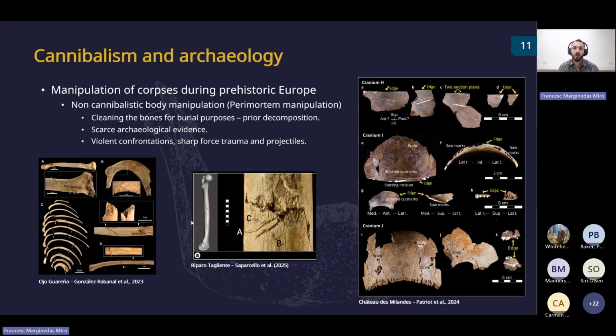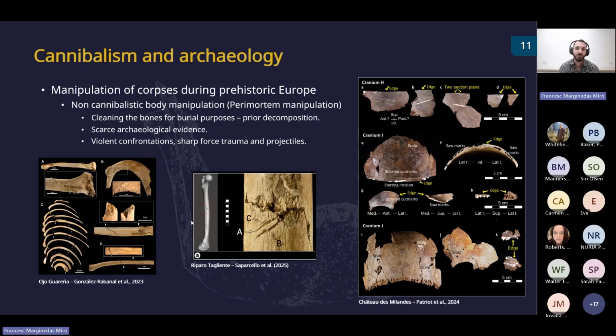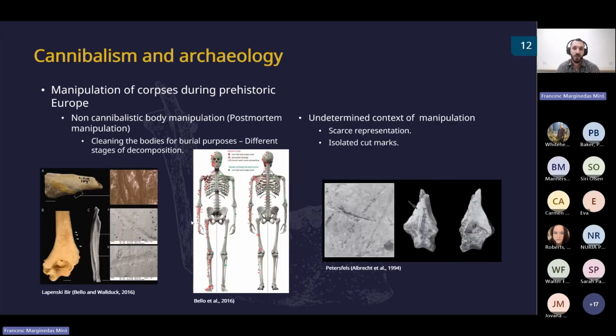For example, there's a perimortem manipulation not associated with consumption that includes cases in which the body is manipulated before decomposition, and other contexts such as violent confrontations involving sharp weapons or projectiles that can also cause these types of modifications, quite similar to the cut marks from the butchering process. We have also the post-mortem manipulation after a period of decomposition of the body, where the main aim is also to clean the skeletal remains.